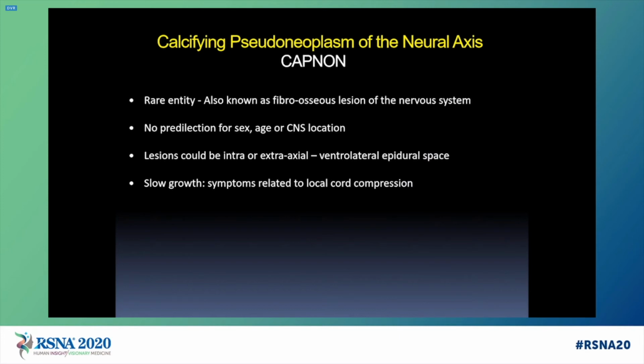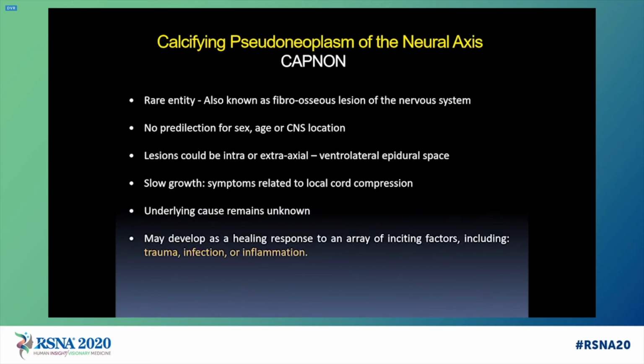They grow very slowly, so symptoms are usually related to compression of the cord or cauda equina. The underlying cause remains unknown, but they seem to develop as a healing response to any inciting factor such as trauma, infection, or inflammation. At the end of the day, these are non-neoplastic lesions.